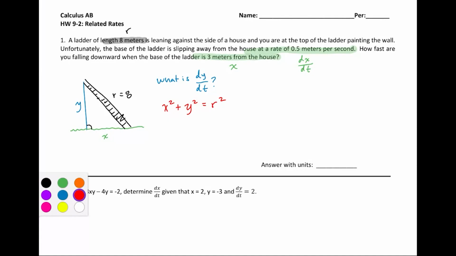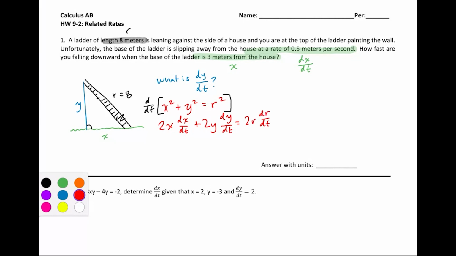The derivative of x squared is going to be 2x, and since we're differentiating with respect to time, it's going to be 2x dx/dt plus 2y dy/dt equals 2r dr/dt.